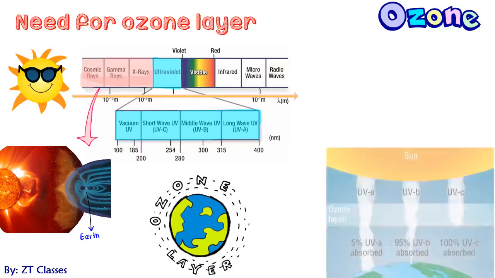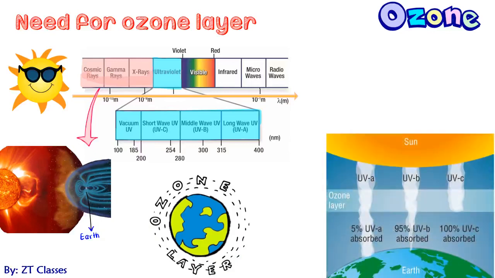This ozone layer absorbs the UV rays. UVC, which is the most harmful, is absorbed completely, while UVB is absorbed 95% and UVA is absorbed 5%. These UVA rays are not very harmful.